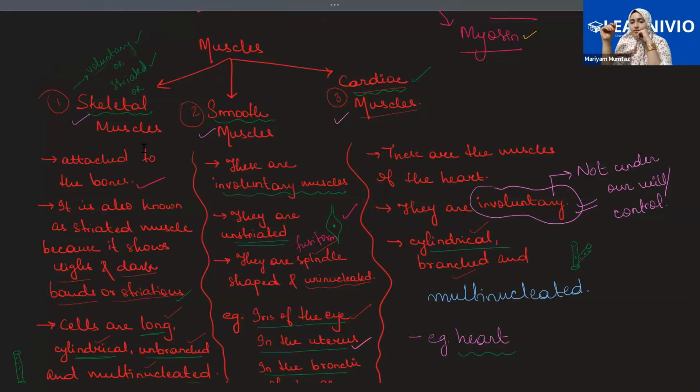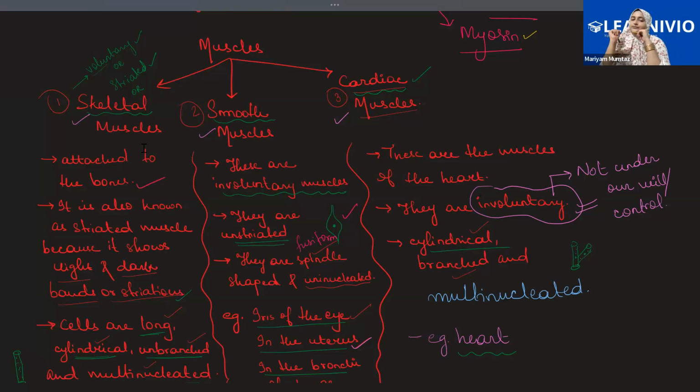Now for example, students, right now if I ask you to raise your hand like this, will you be able to do so? Yes, ma'am. Show me how you will do so. And if I ask you to do like this, will you be able to do so? Yes, ma'am. If I ask you to stand up and sit down, you will also be able to do that, isn't it?